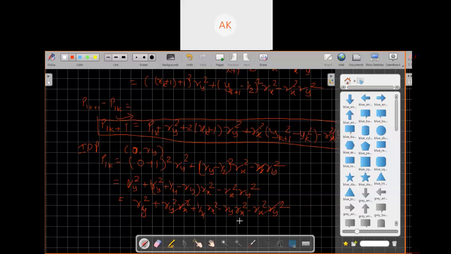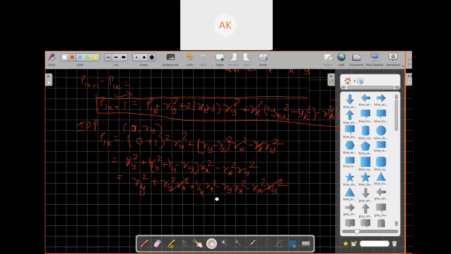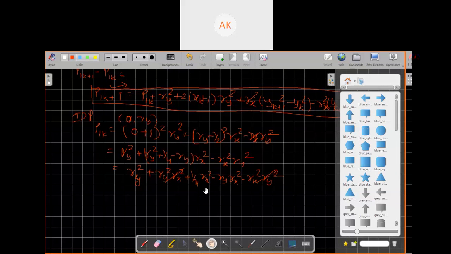This term and this term will cancel out. So you get ry² + rx²/4 − ry rx².